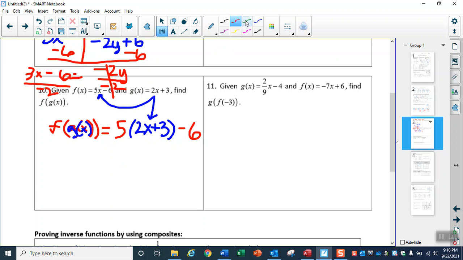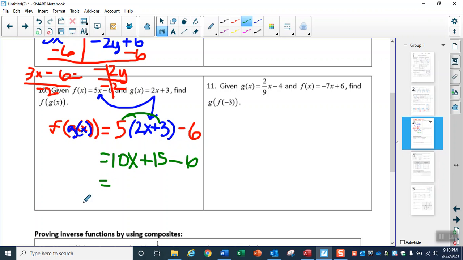And then now what I'm going to do is use my distributive property here. So 5 times 2 is 10x, and then 5 times 3 is 15. And then I've got -6.